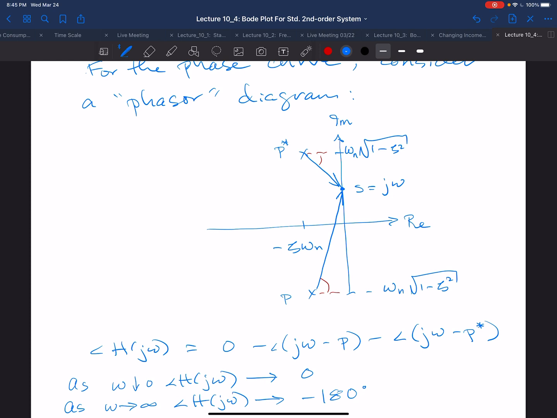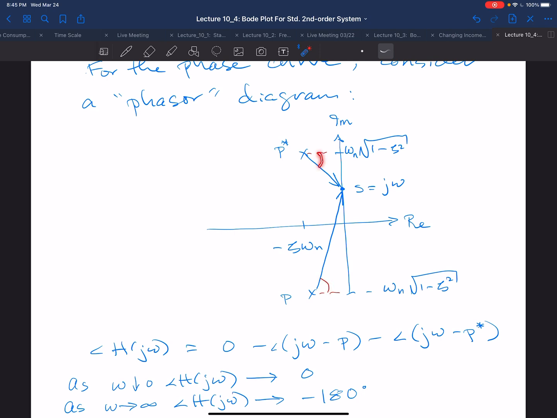So contrast this with the standard first-order system, where we had only a single pole. There, the phase varied between 0 at low frequencies and minus 90 at high frequencies. So we get an extra 90 degrees by virtue of the fact that we have two poles. And in fact, again, you can see that by looking at this phasor diagram. If you imagine this point s equals j omega going up to infinity, then both these angles are going to turn out to be plus 90 degrees.